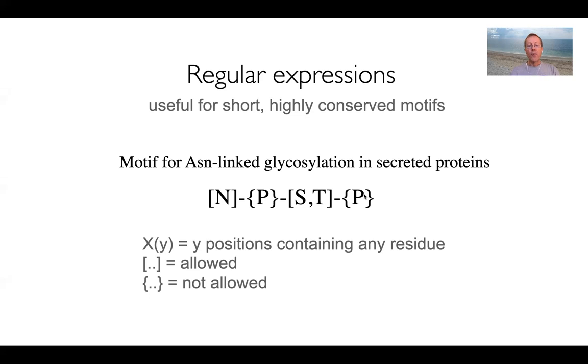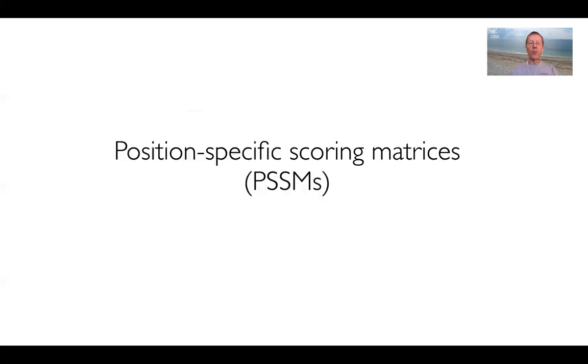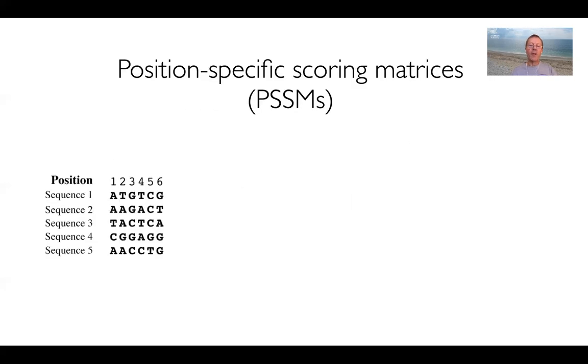A much more useful way of representing the information, or part of the information, in a multiple sequence alignment is to use what are called position-specific scoring matrices, or PSSMs. This is also a very simple idea in principle, and also in practice.